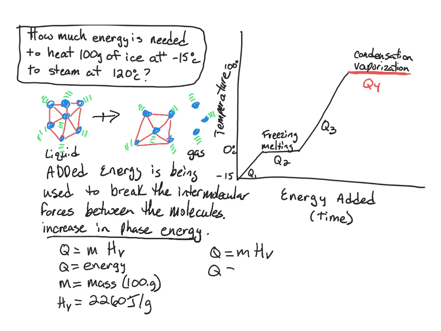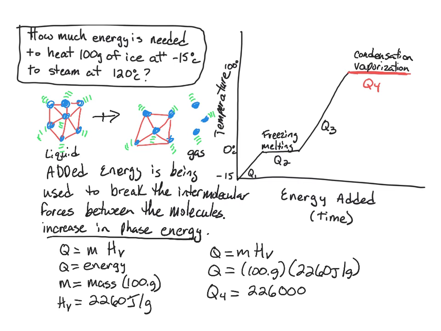So I'm going to substitute the numbers in my formula. My energy is going to be equal to 100 grams times the heat of vaporization, and that's going to give my answer for Q4. Q4 will be equal to 226,000 joules. I'm going to check my significant figures.